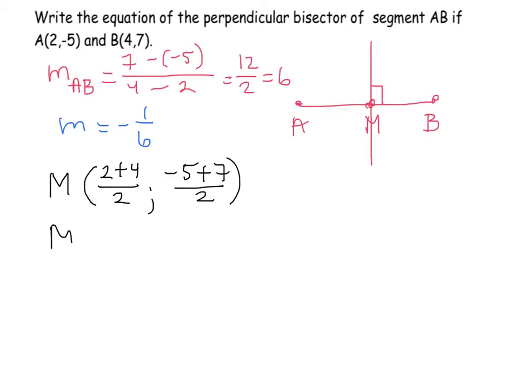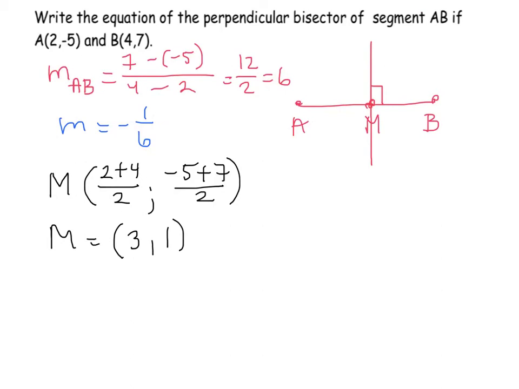So the midpoint is going to be 6 divided by 2, which is 3, and 2 divided by 2, which is 1. So now we have to write the equation. We have a point on that perpendicular bisector, and that point is the midpoint of the segment. And we also have the slope of this perpendicular line.